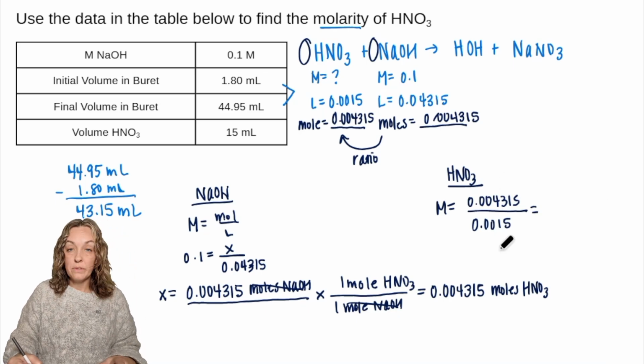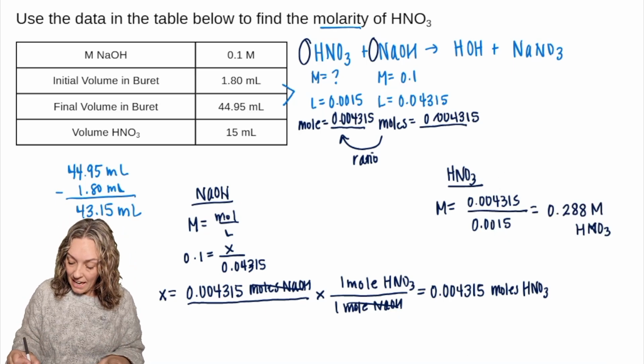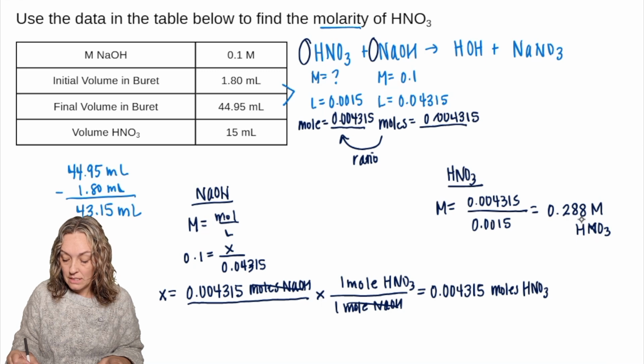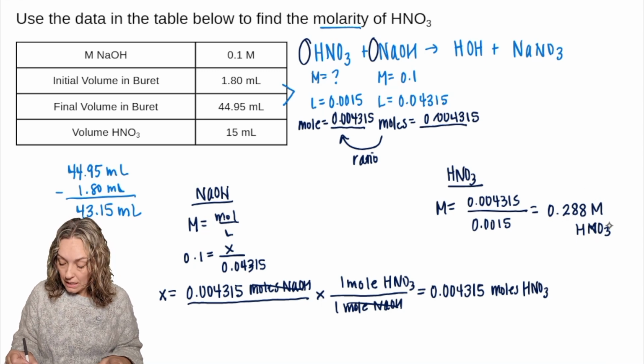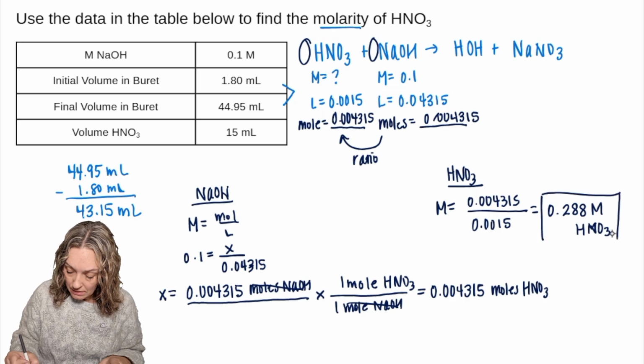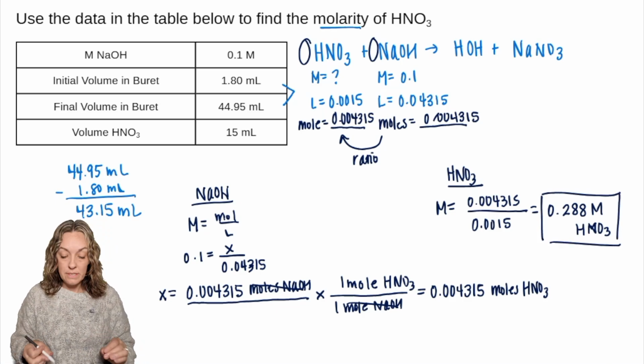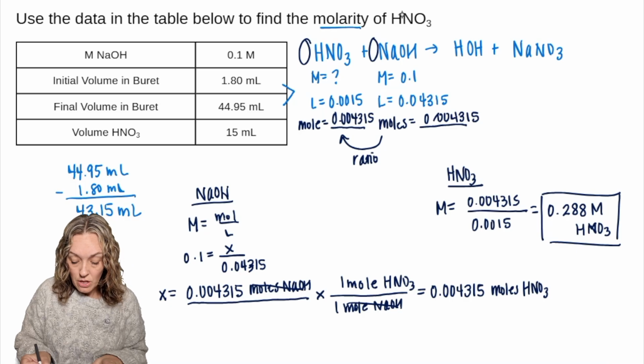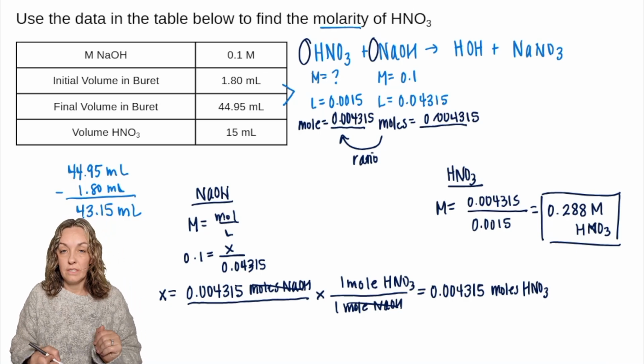I can take my moles over my liters. When I divide, I get 0.288. Remember that this is the molarity of HNO3, and I need to label it as such. So I was able to determine the molarity of the HNO3 through the data given for the titration.